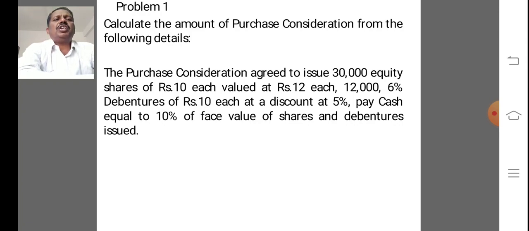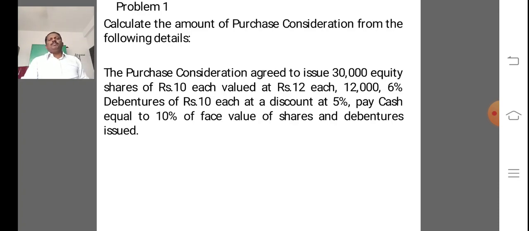The purchasing company agreed to issue 30,000 equity shares of rupees 10 each, valued at rupees 12 each; 12,000 6% debentures of rupees 10 each at a discount of 5%; and pay cash equal to 10% of the face value of the shares and debentures issued.